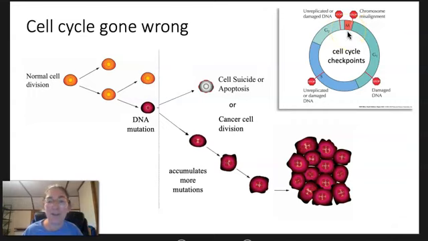So there are multiple mechanisms the cell has, these quality control points where the cell stops and says, is everything okay? If it's not, it's supposed to undergo apoptosis, but sometimes it doesn't. And these control points are skipped over, and that's when we start to get uncontrolled cell division, which can then lead to additional mutations.